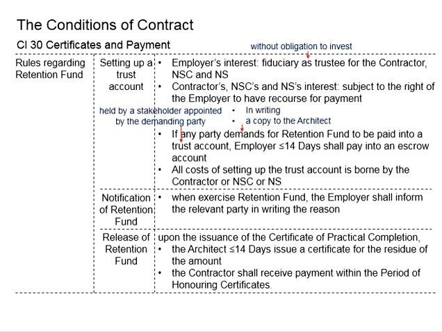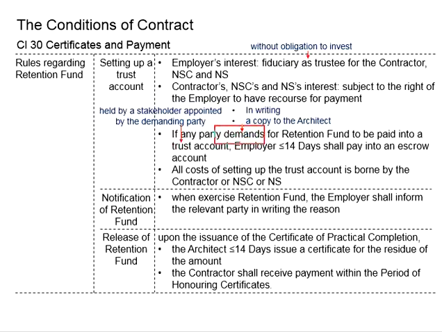It is to prevent the employer from exploiting this money without the consensus from the contractor, nominated subcontractor and the nominated supplier. If they do not trust the employer, they can demand this amount of money be held by a third party, which is neutral, in order to facilitate this retention fund process.